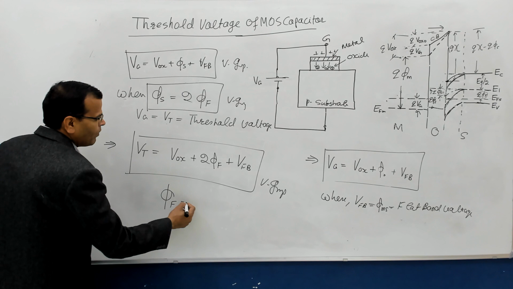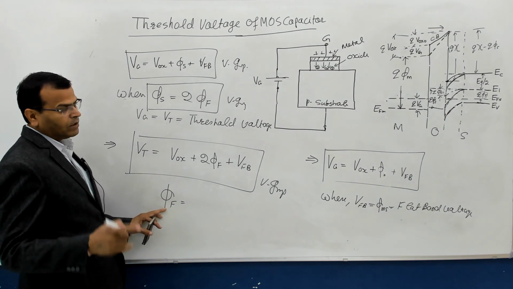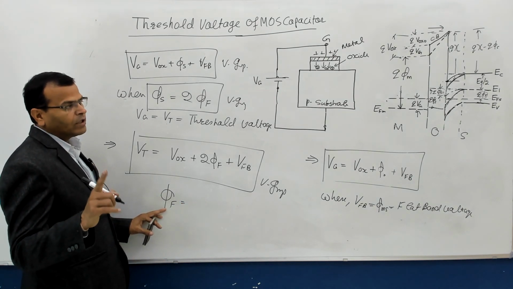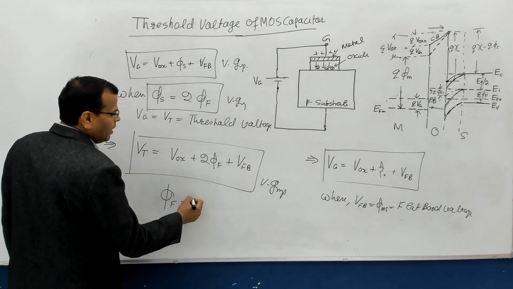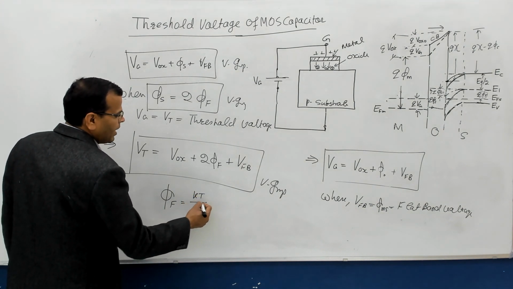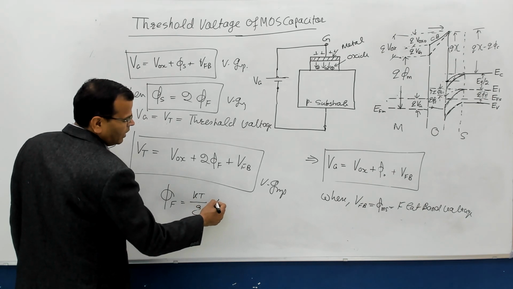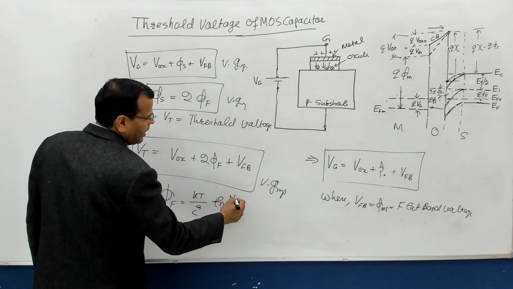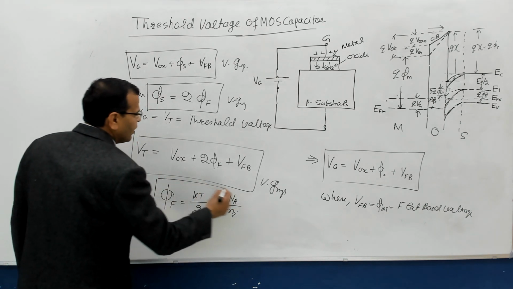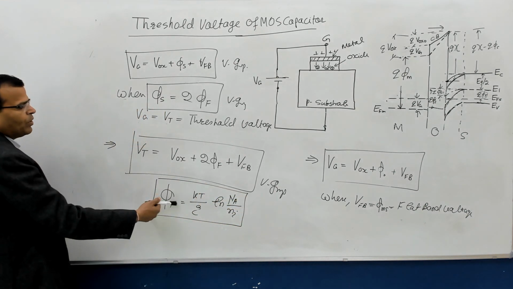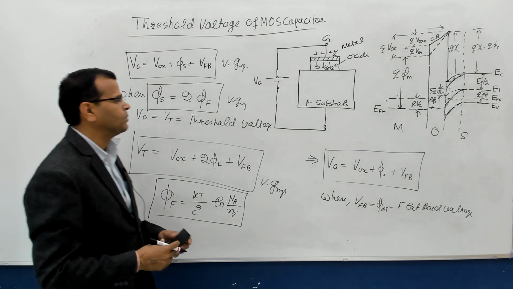The potential difference between the intrinsic and actual Fermi level is given by kT by Q, then natural log Na upon Ni. You can see my previous videos, I have already given that. So by putting this here, you can get all the expressions.